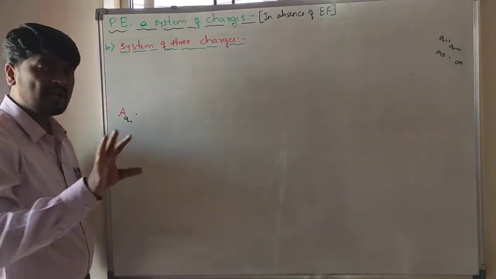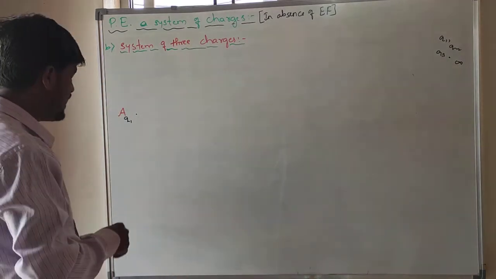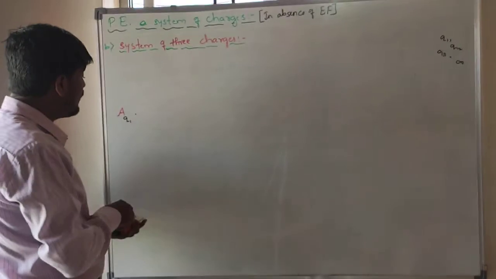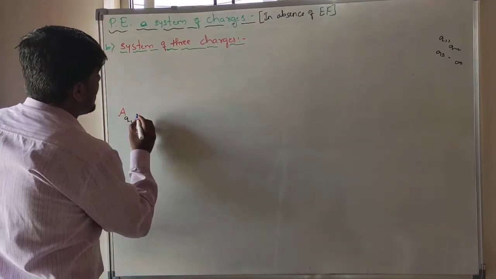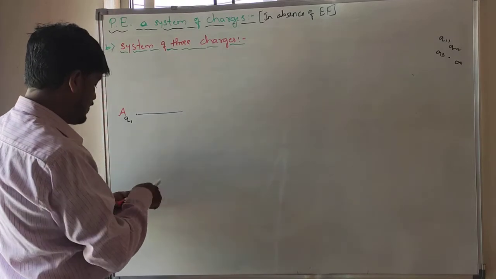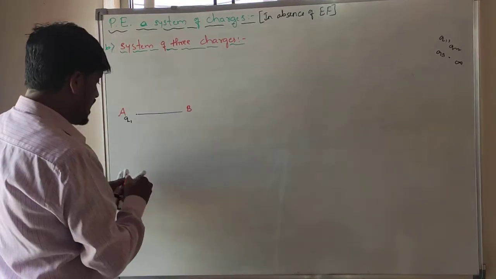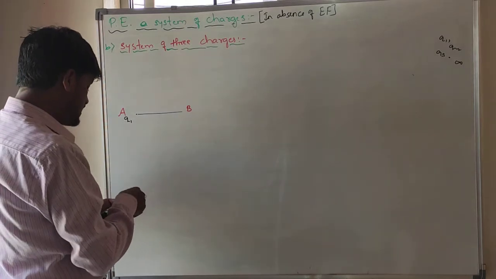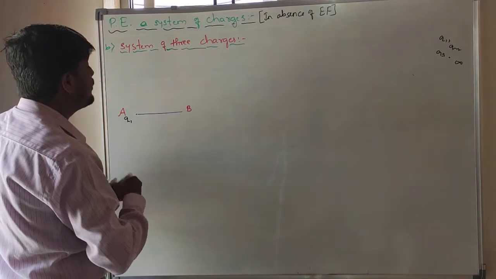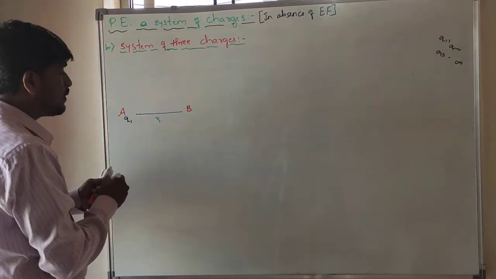Then I am interested to calculate the potential at a particular point, say B, at a distance of, say, R1. This is the point B. At the point B, at a distance R1, I want to calculate the potential.